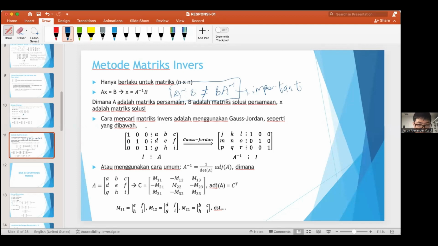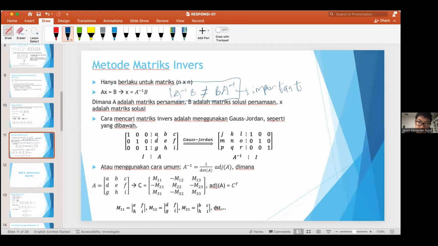And how to find the inverse matrix? This is a quick way to find the inverse. Let's say you have this matrix A and you want to find the inverse. What you have to do is make an augmented matrix like this, where on one side it is the matrix A, and the other side is the identity matrix.